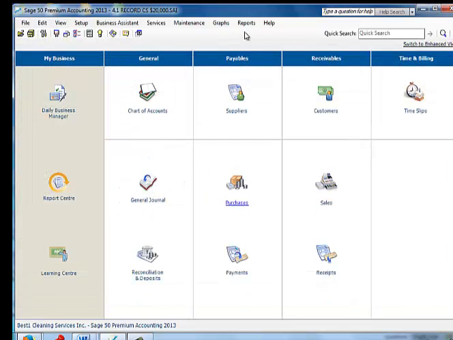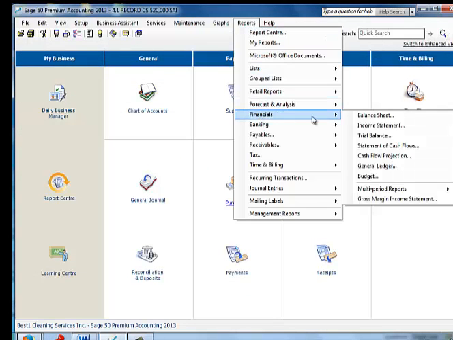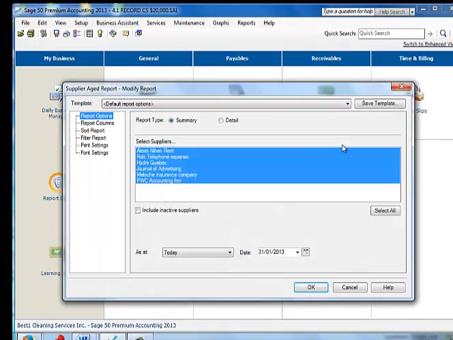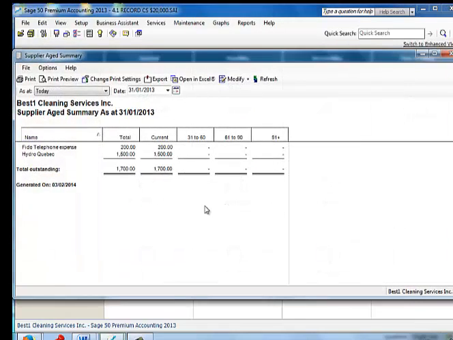So, click on reports, go to payables, supplier aged, select all the suppliers at the end of the month of January 31st, and proof positive that the control account, which is accounts payable, will always equal the supplier aged, or what I call subledger. And the subledger of 1,700 agrees to the control account on the balance sheet.